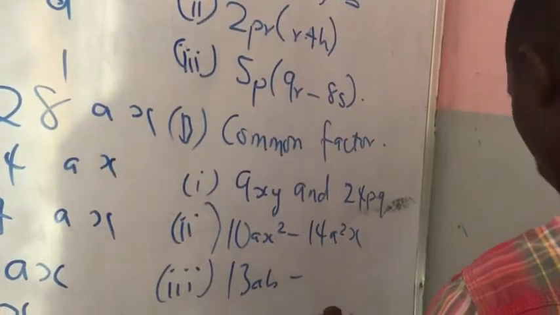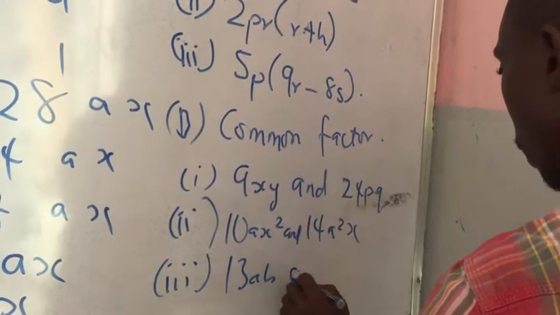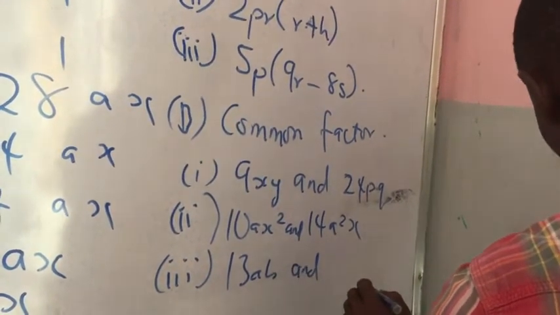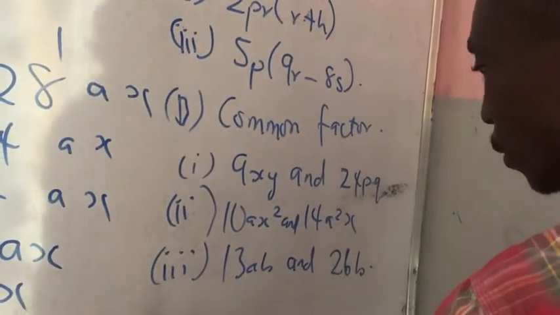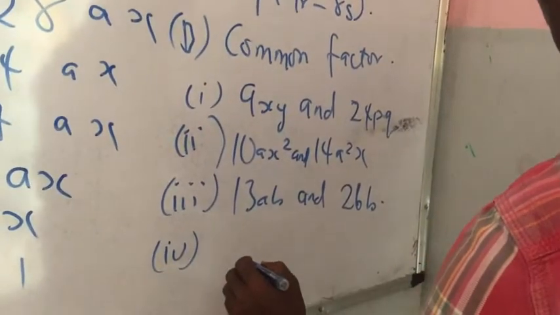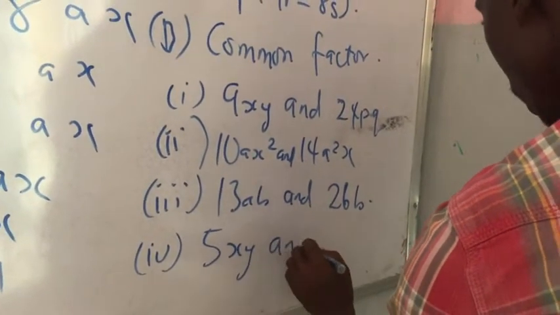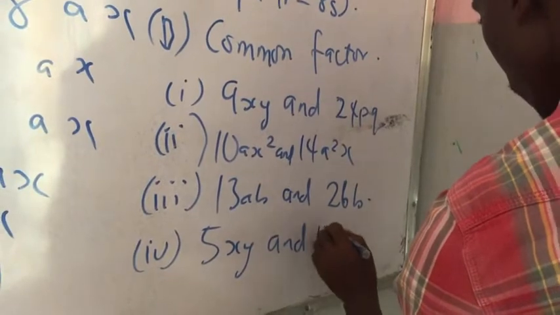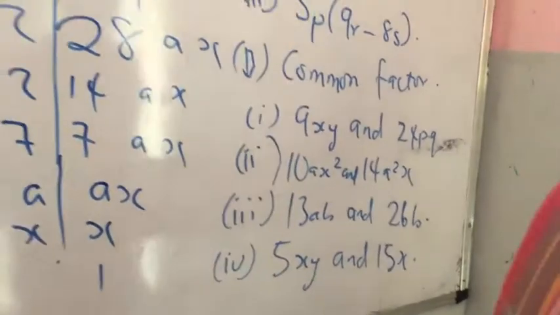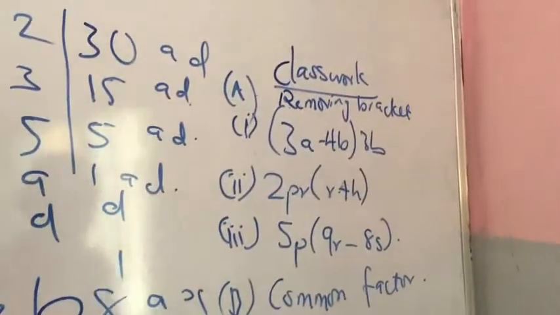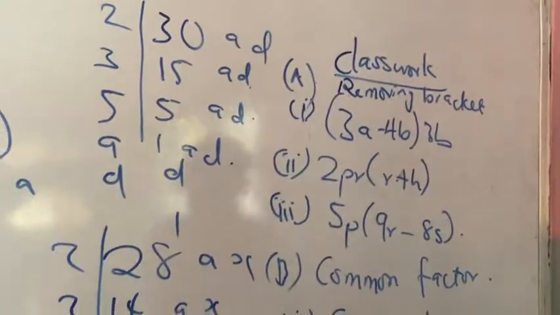Then 13ab and 26b. Then 5xy and 15x. So let's try all 7 questions, and let's try as much as possible to solve them.